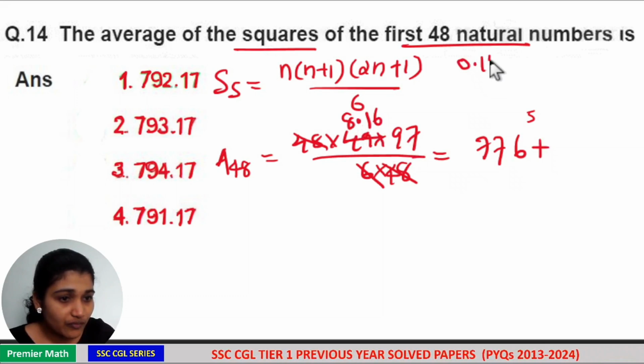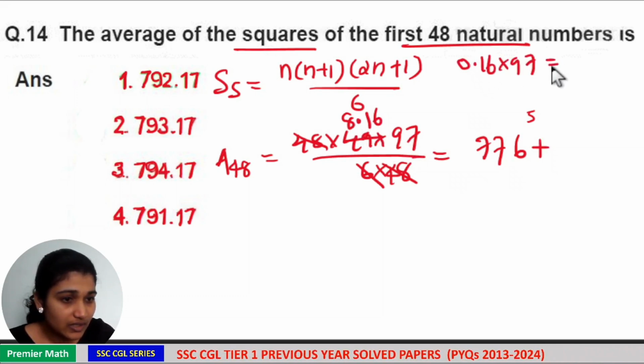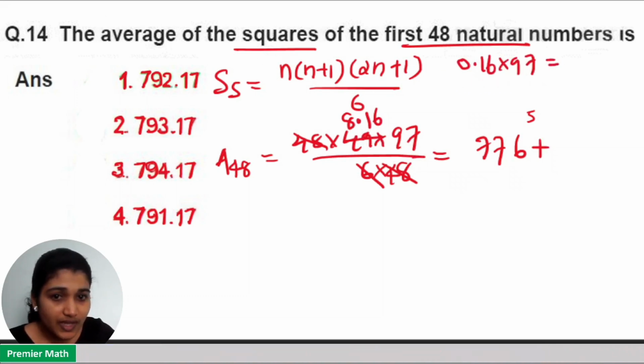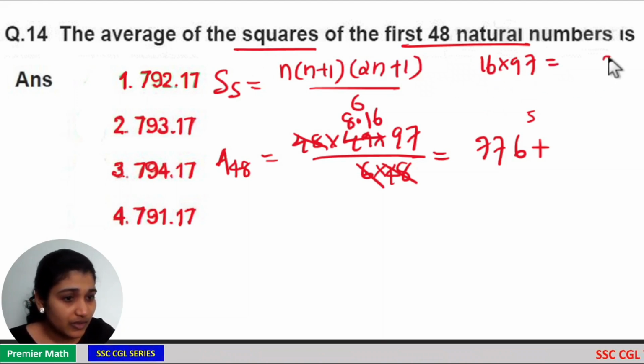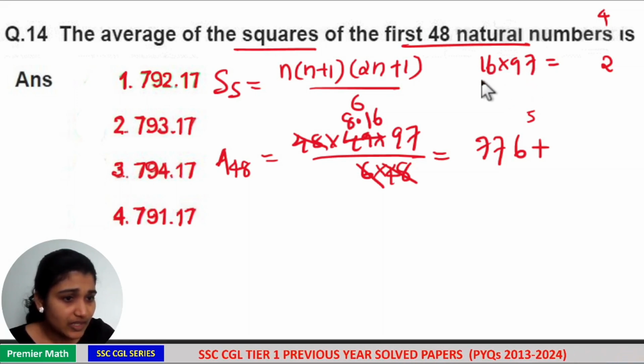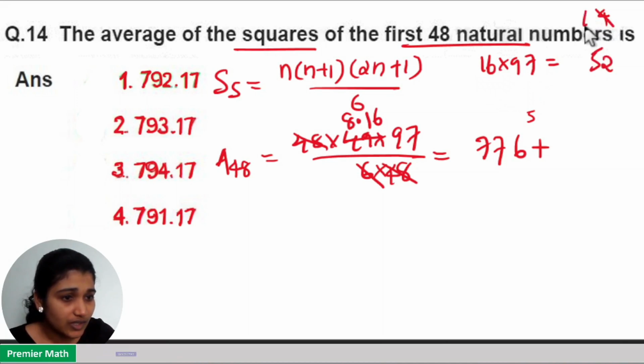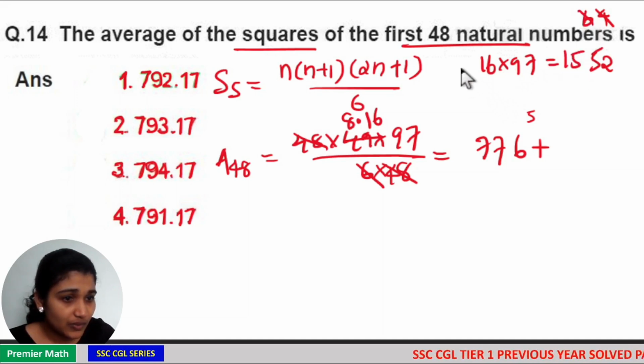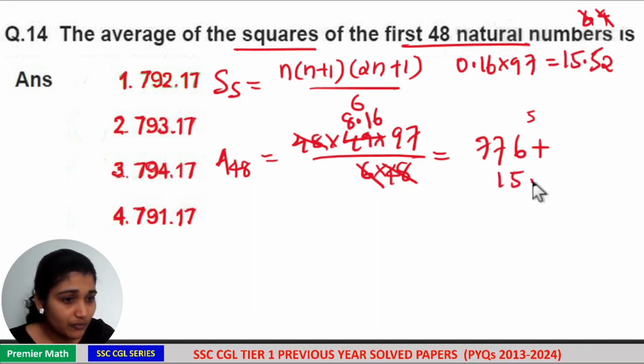So 0.16 into 97 means here first calculate 16 into 97. 6 into 7 is 42, remaining 4. 6 into 9 is 54 plus 7 is equal to 61. 61 plus 4 is 65, remaining 6. 1 into 9 is 9, 9 plus 6 is equal to 15. So if it is 0.16, it is 15.52.